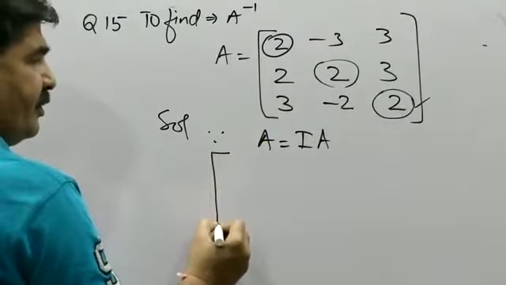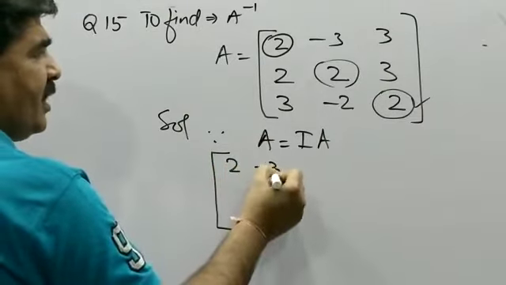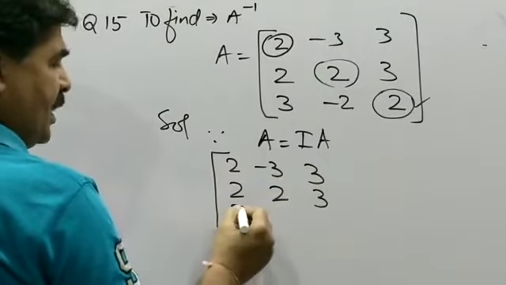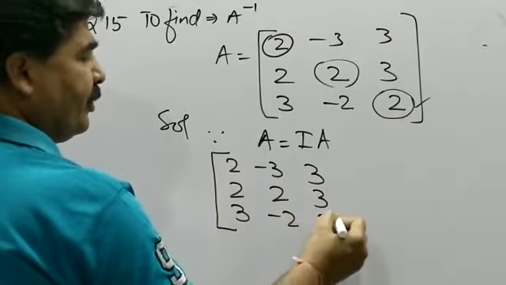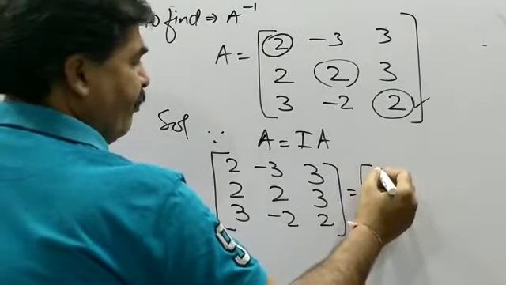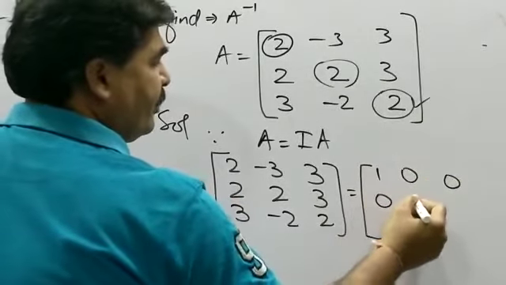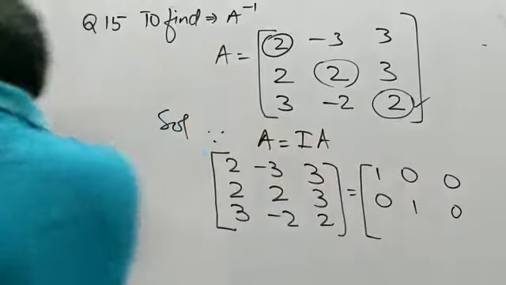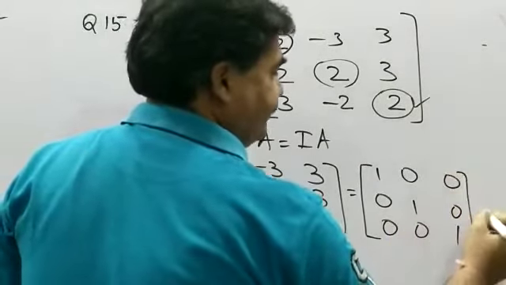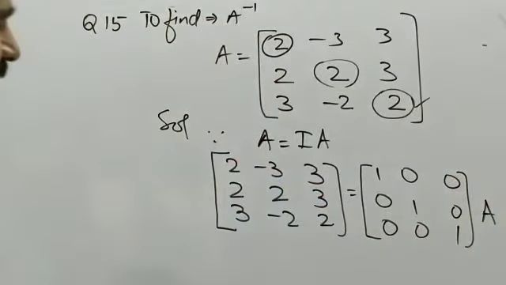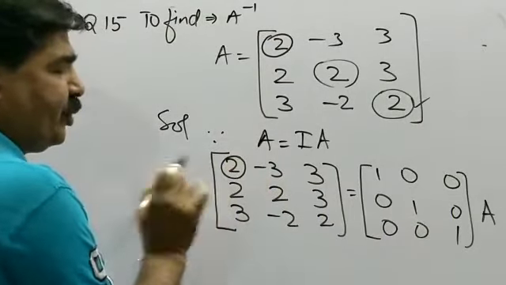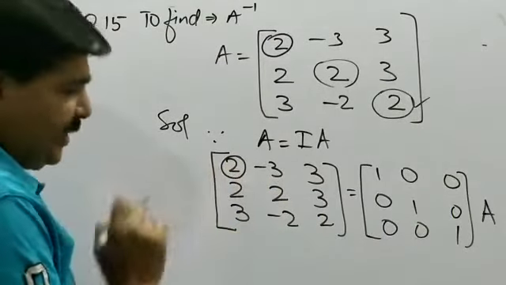A here: 2, minus 3, 3, 2, 2, 3, and 3, minus 2, 2, is equal to I. This is 1, 0, 0, 0, 1, 0, and 0, 0, 1, and A. Clear? Now your first task is to convert this 2 into 1.